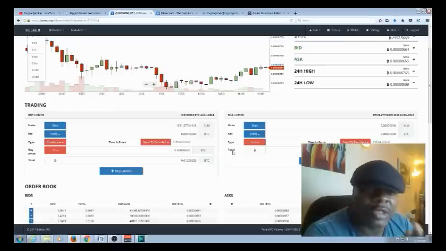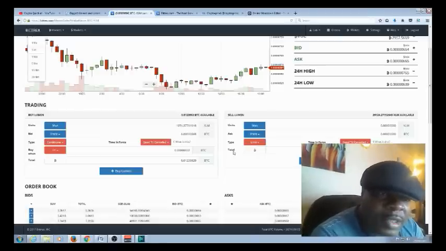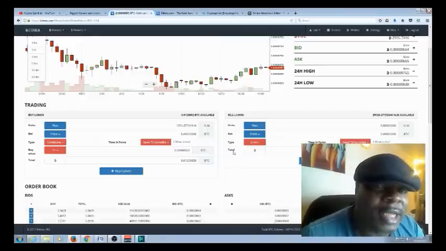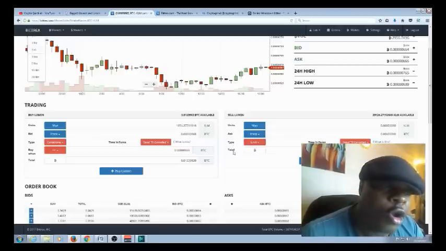So now what I have done is I've requested that the trade be carried out if the spot price, the price at the time I click on buy, is either at that point or lower. So I've selected the last price that the currency was traded for, and I've set parameters around it to trade for that price or lower.